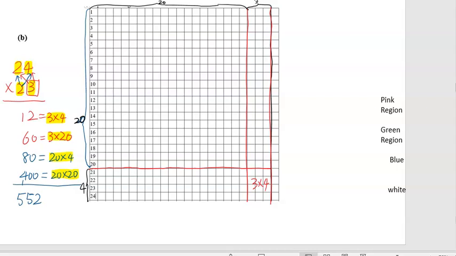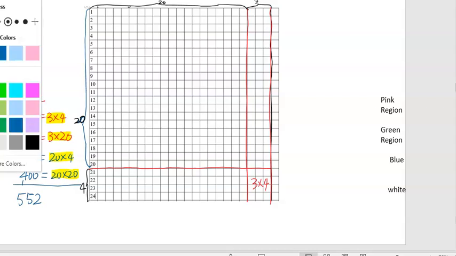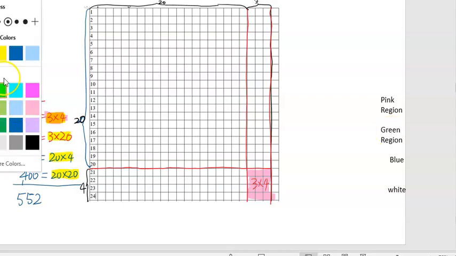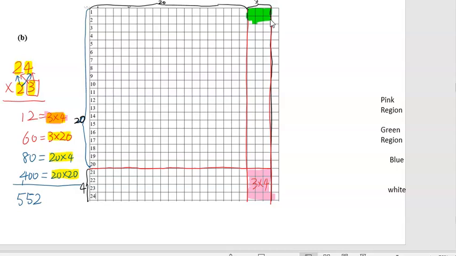For example, you could use a pink region. So I'm going to highlight this, color this in pink. So that is for that step right here. Now 3 columns and 20 rows. I'm going to use the green region to demonstrate 3 columns and 20 rows. Maybe I should label this first, 3 times 20.